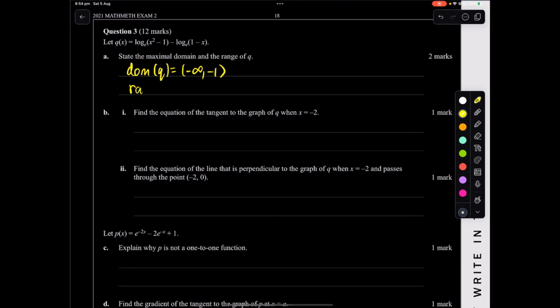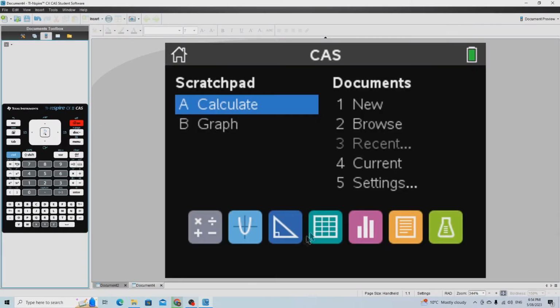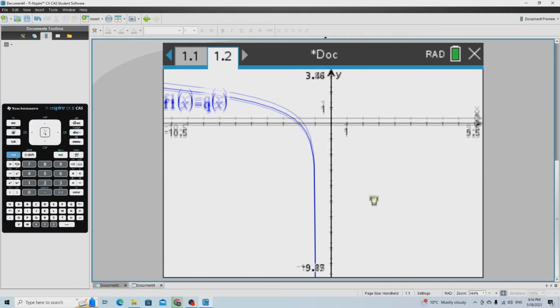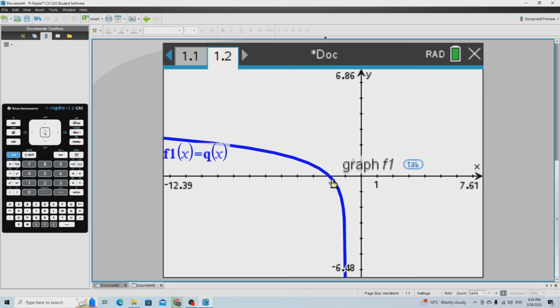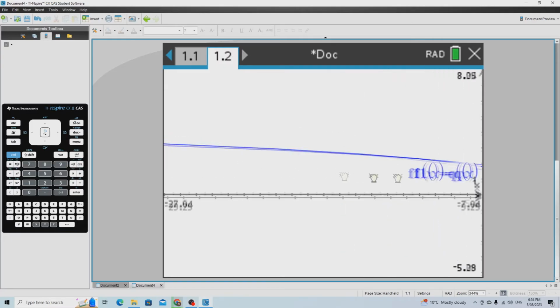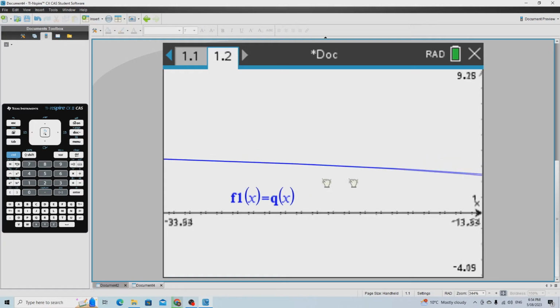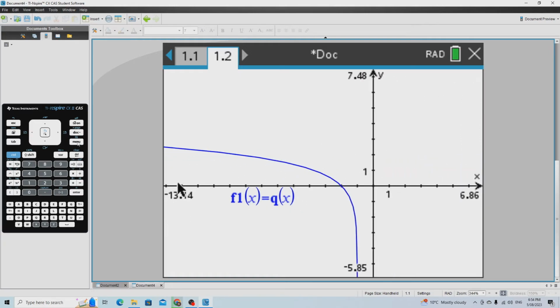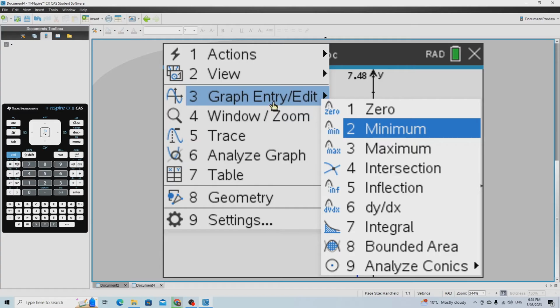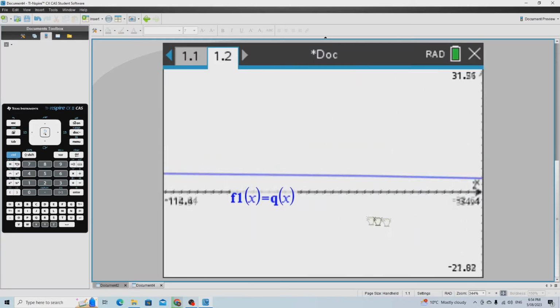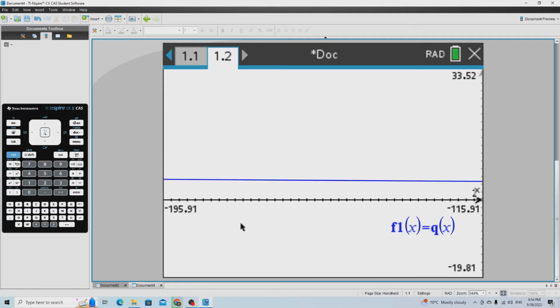And the range of q, if we graph this, looks like negative infinity to, is it going forever? Yeah, it's going up. I thought it was like an asymptote. Let me zoom back a little bit and double check. No, it's still going up.